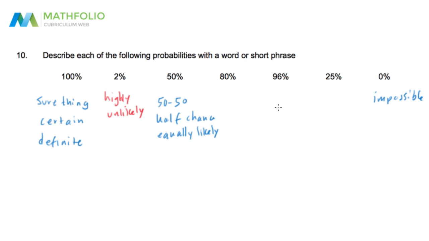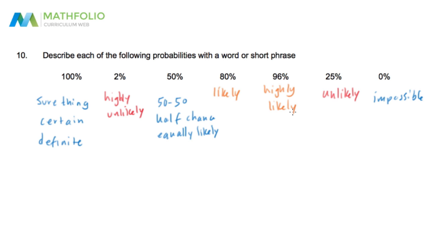Okay, and so 25% might be simply unlikely. 2% is highly unlikely. And 80%, you could think of as likely. It's got quite a high chance of happening, but 96% is highly likely.